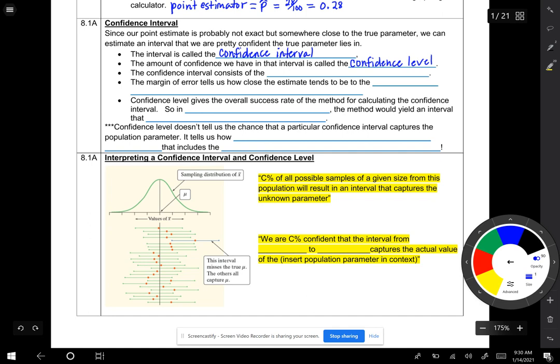The confidence interval consists of the point estimate plus or minus a margin of error, which we'll talk about later. The margin of error tells us how close the estimate tends to be to the unknown parameter.